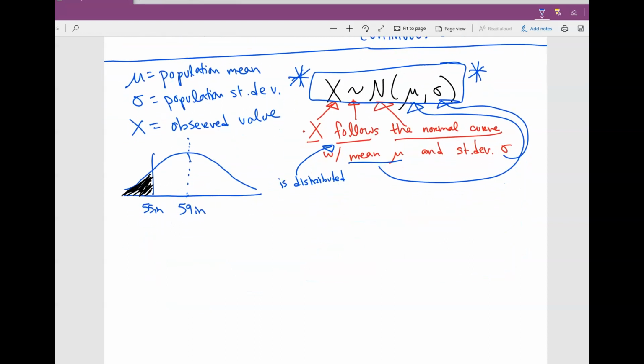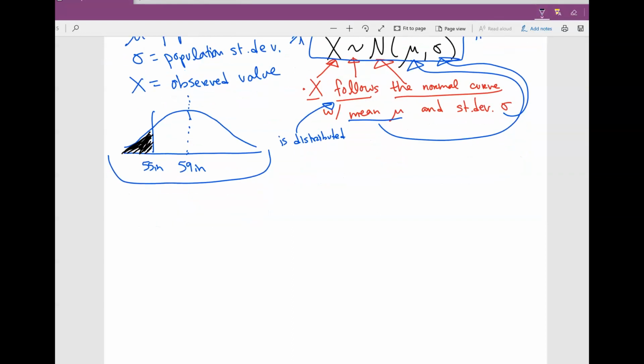Now, something to do before we start doing some of these problems, I want to recap something that we've done before, which is z-scores. We talked about z-scores before, and we had a formula which was just x minus mu divided by sigma.